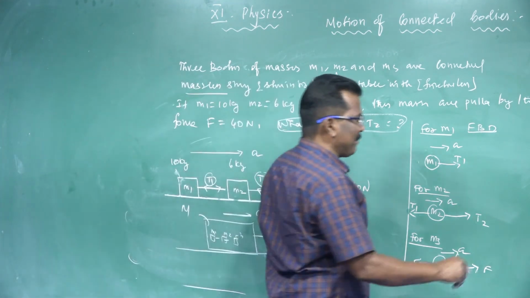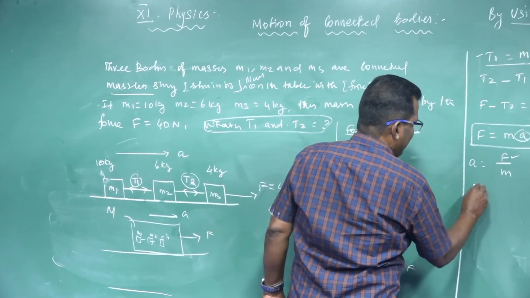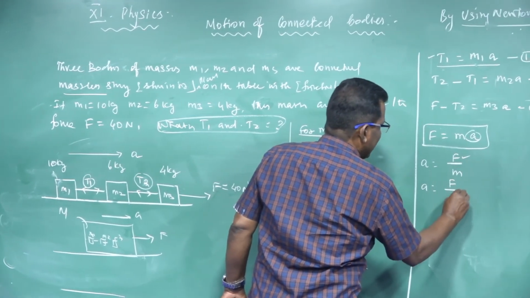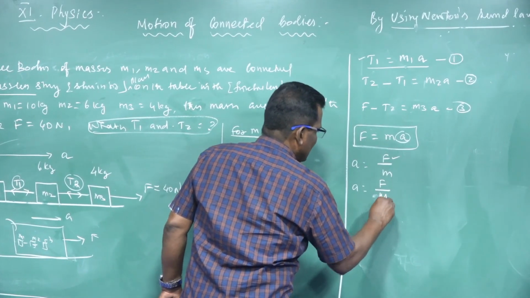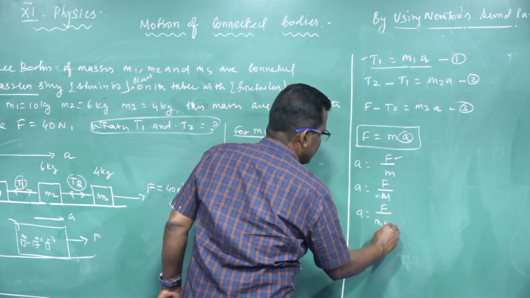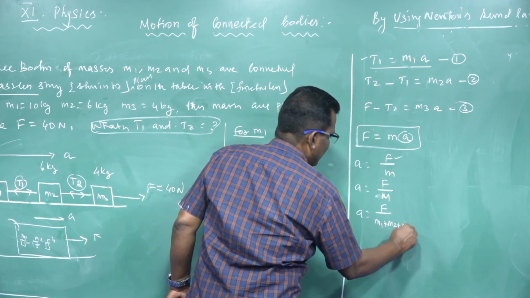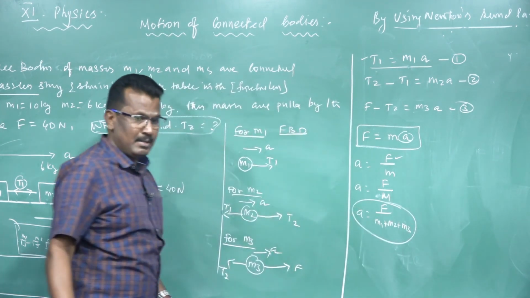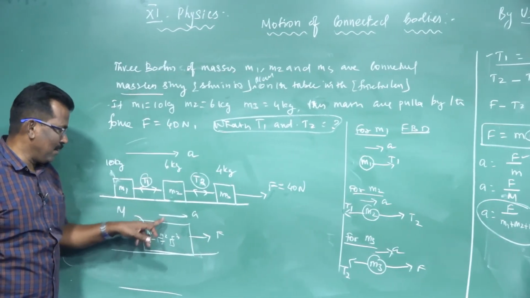F is equal to Ma, or a is equal to F by capital M, where capital M is m1 plus m2 plus m3, the net mass on the body.